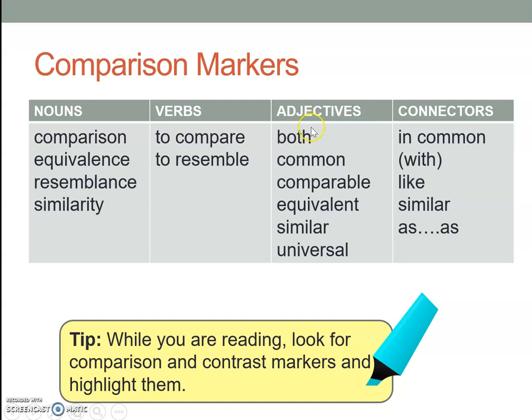All of these words: both, in common, comparable, in common with, like, similar, as. So when you're reading, look for these comparison and contrast markers and highlight them, circle them, mark them in some way, and ask yourself, what's being compared?